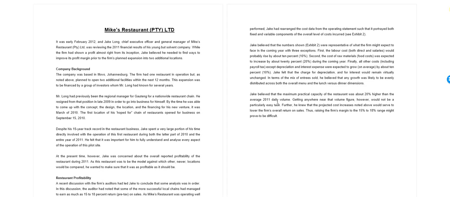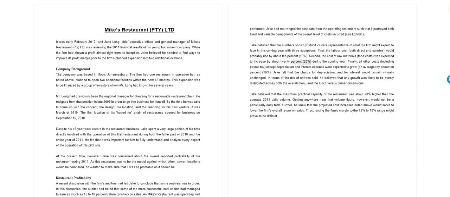So we're given some important data here, and it relates to Exhibit 2, which I'm going to show you in a moment. It says that some expenses, labor costs, direct and salary, would rise by 10%. So they're telling us how the future costs are going to change. They also tell us that the cost of the raw materials, in other words the food that we buy from our suppliers, is expected to go up by 20%.